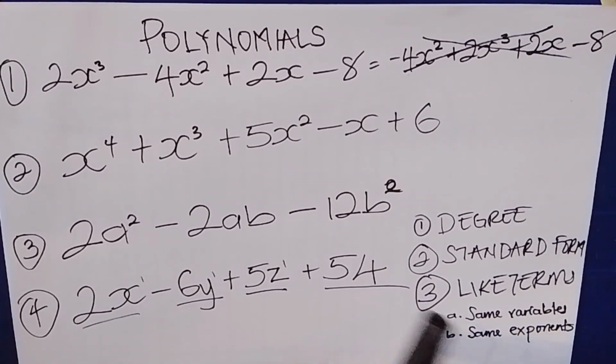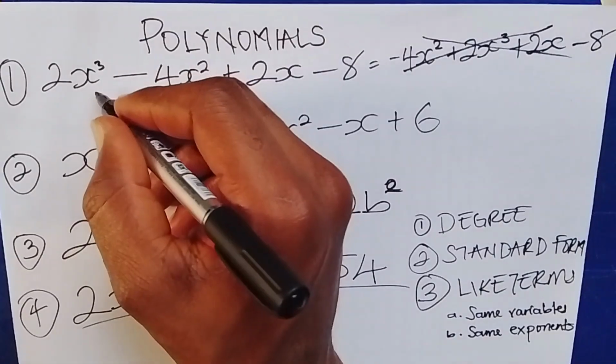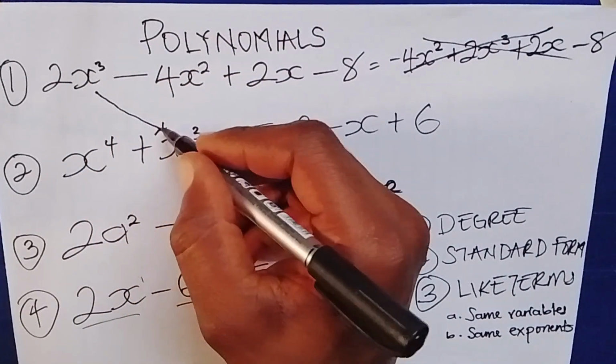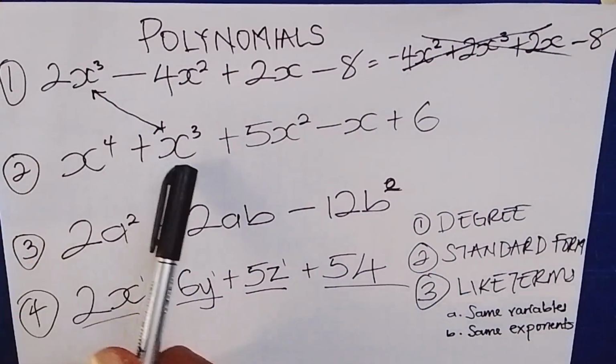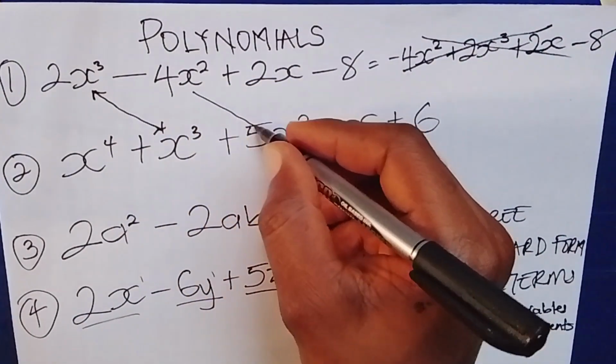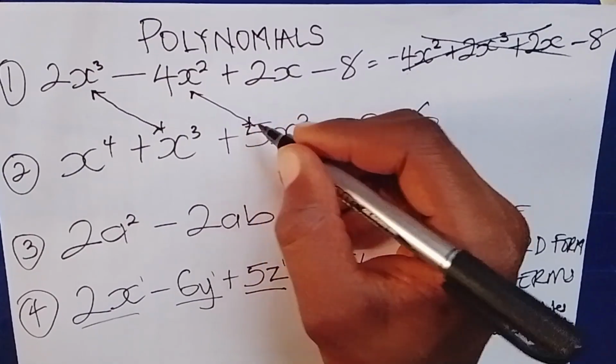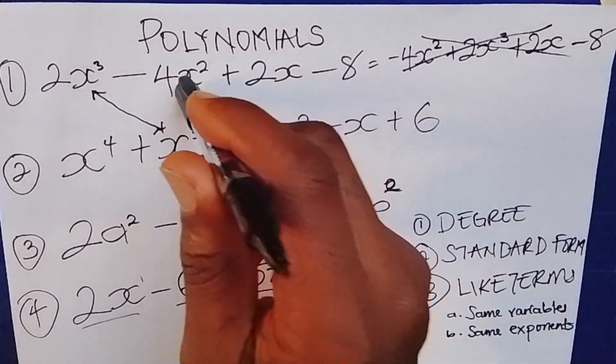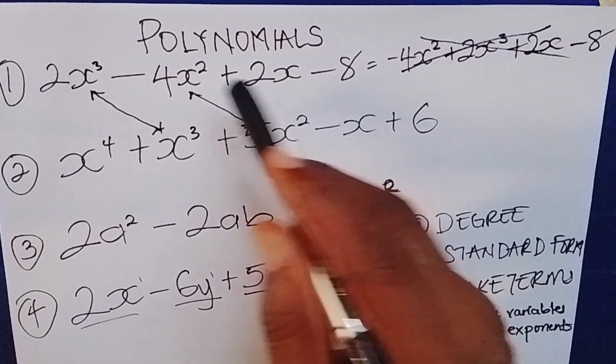So looking at example 1 and 2, 2x cubed and x cubed are like terms. Why? Same variable, same equal exponents, power 3, power 3. Here we have 4x squared and 5x squared are like terms. Same variable, x, same equal exponents.